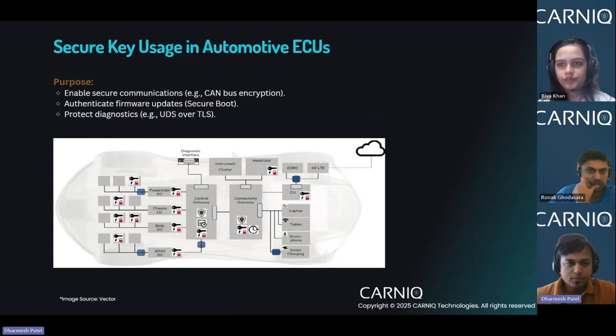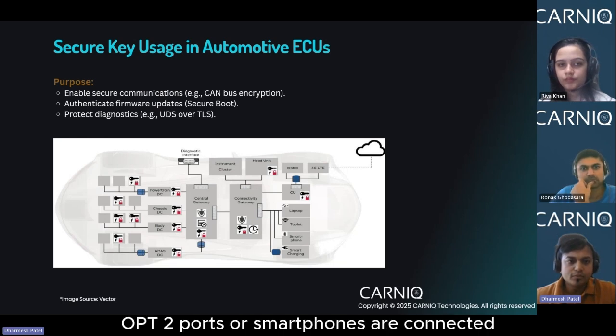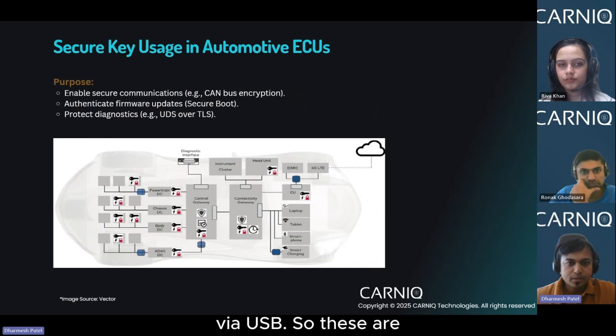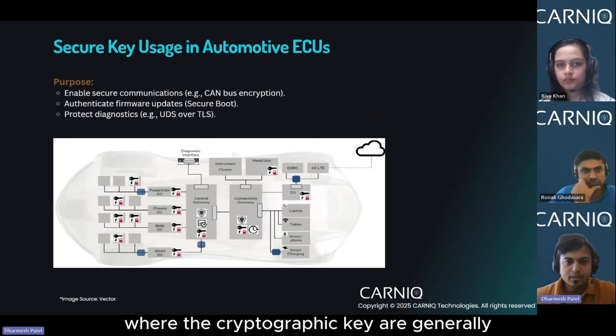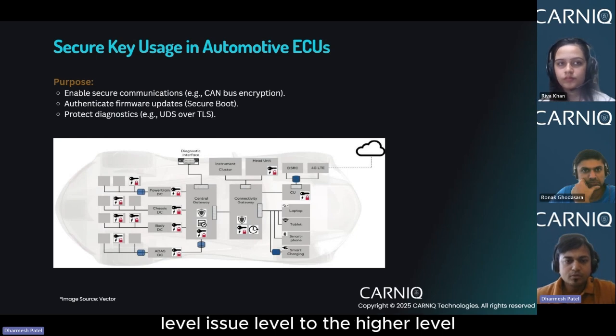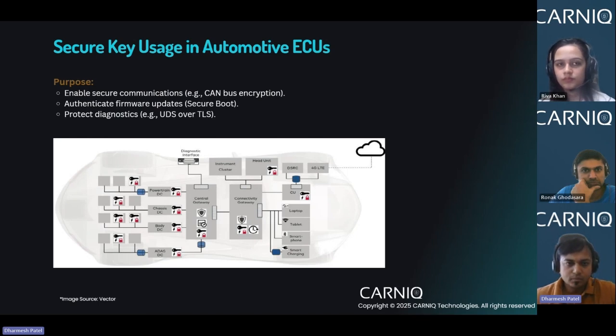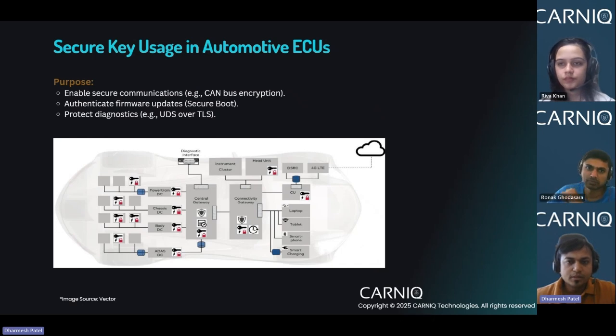We can also have interfaces like OBD2 ports or smartphones connected by USB. So these are the key places where the cryptographic keys are generally stored, starting from the lower ECU level to the higher level control modules, and then the gateway ECU level. Every place, based on the features, requires the usage of these cryptographic keys.